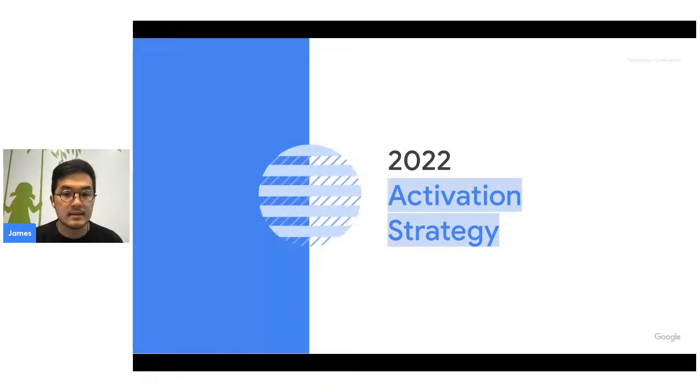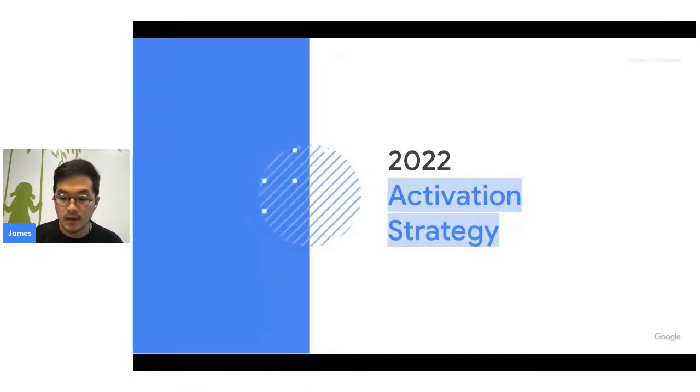So the next one is talking about next year, right? Because it's already November, we would like to inform you what kind of strategy and what kind of activities we would like you to work on with your customers.